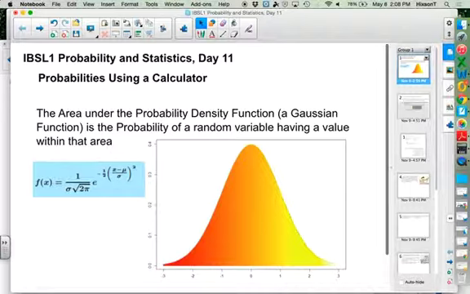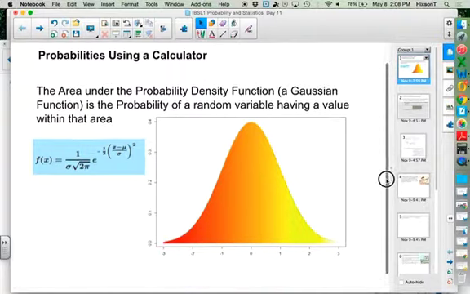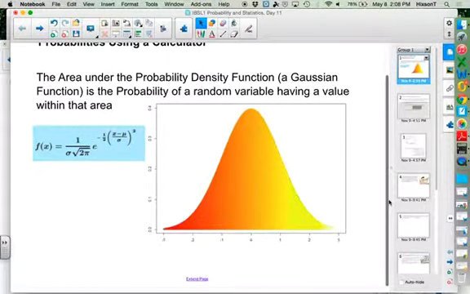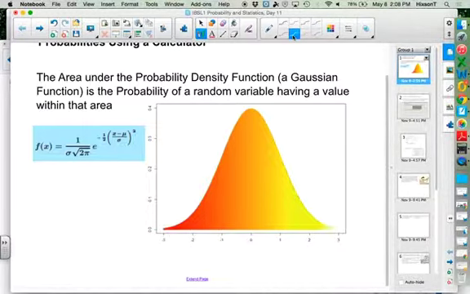And we saw that that's a Gaussian function. It gives us a bell curve. The probabilities, though, that we've been finding, that 68% and the 95%, those actually are areas. For example, here we have a normal distribution where our mean is 0, and then we go down 3 standard deviations and up 3 standard deviations.